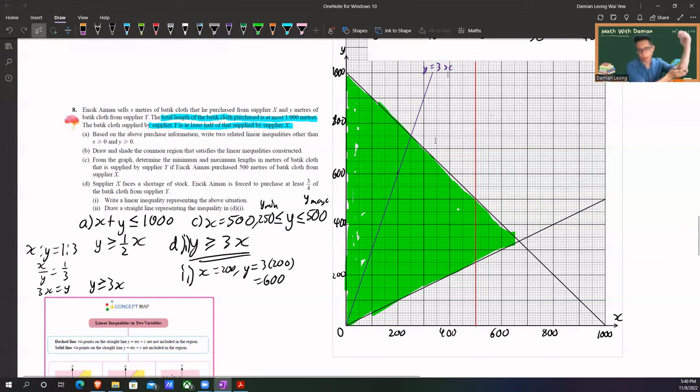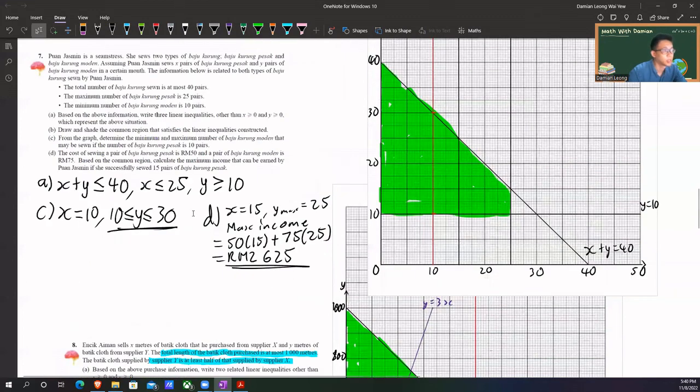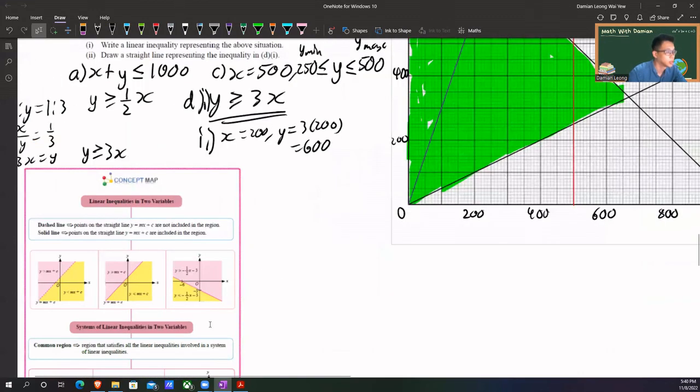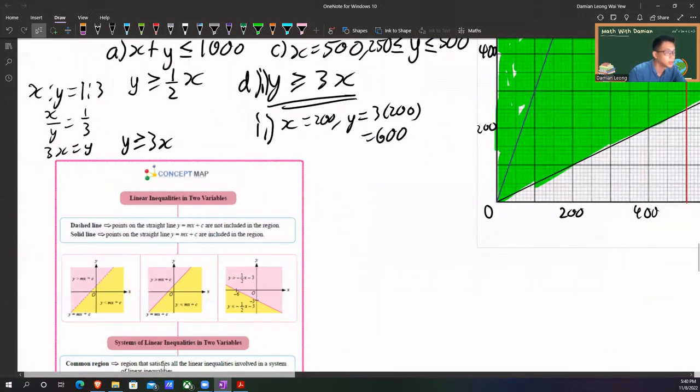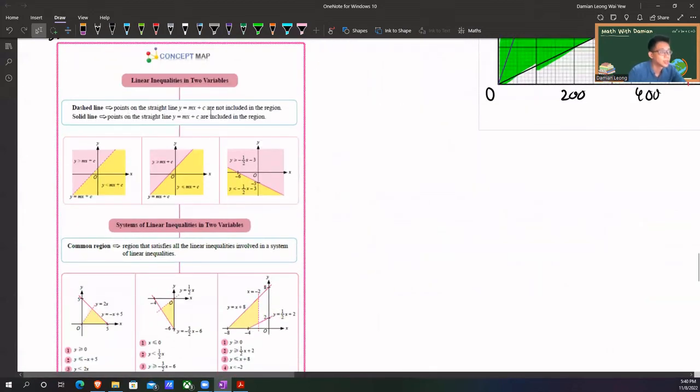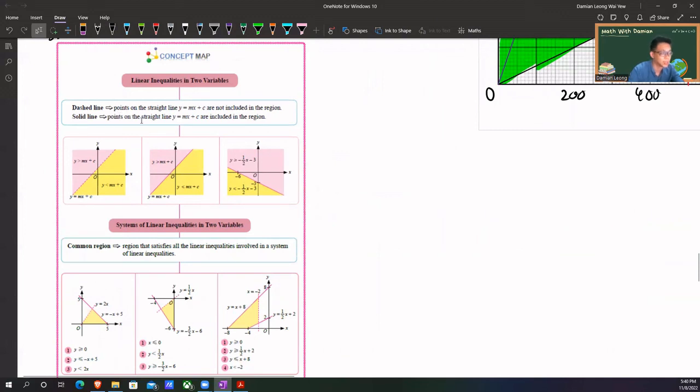So basically, that's it for chapter 6. Make sure you remember, if it's a dotted line, there's no equal. A solid line is equal, which includes the line. Dotted doesn't include the line, so it includes the number itself or doesn't include the number itself.